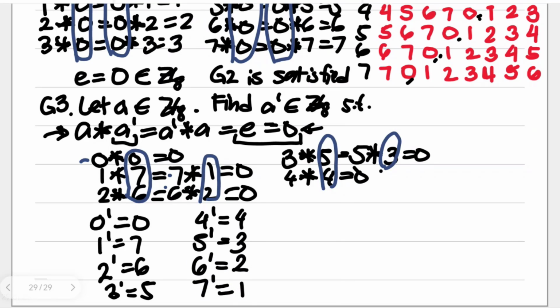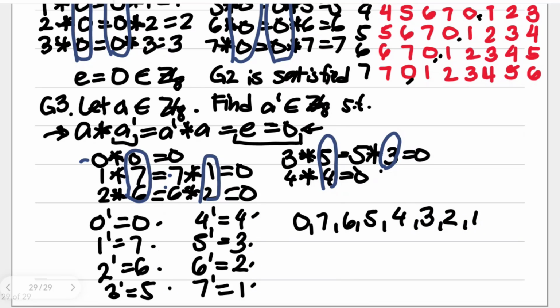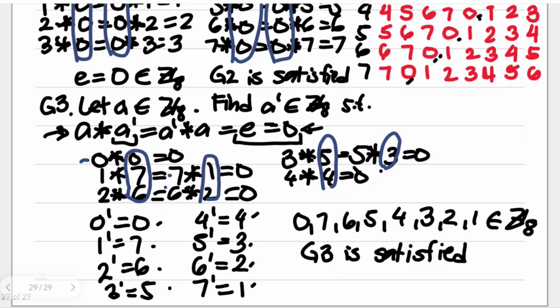When you look at all of these values, 0, 7, 6, 5, 4, 3, 2, and 1, all of them are still elements of Z8. This means that G3 is satisfied because all the inverses are still elements of Z8.